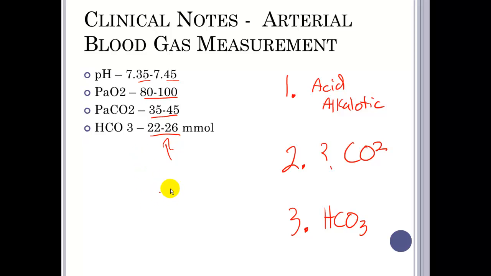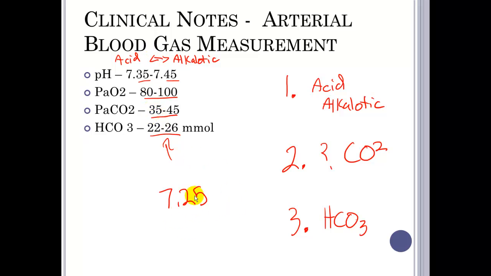Patient's pH is 7.25, and if you need to review, this is in about chapter 2. Anything that is less than 7.35 is going to be acid. Anything that's over 7.45 is going to be alkalotic. These are your ranges.